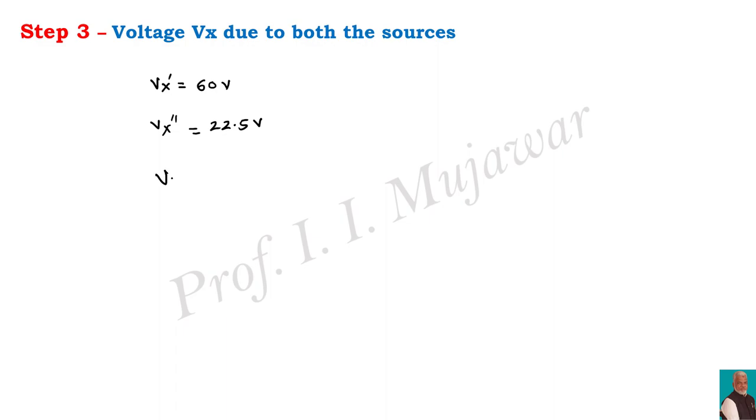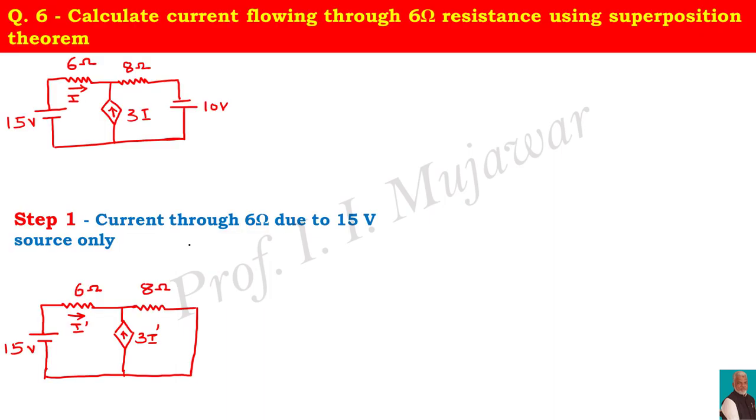So Vx is equal to Vx dash plus Vx double dash, which comes out to be 82.5 volt.